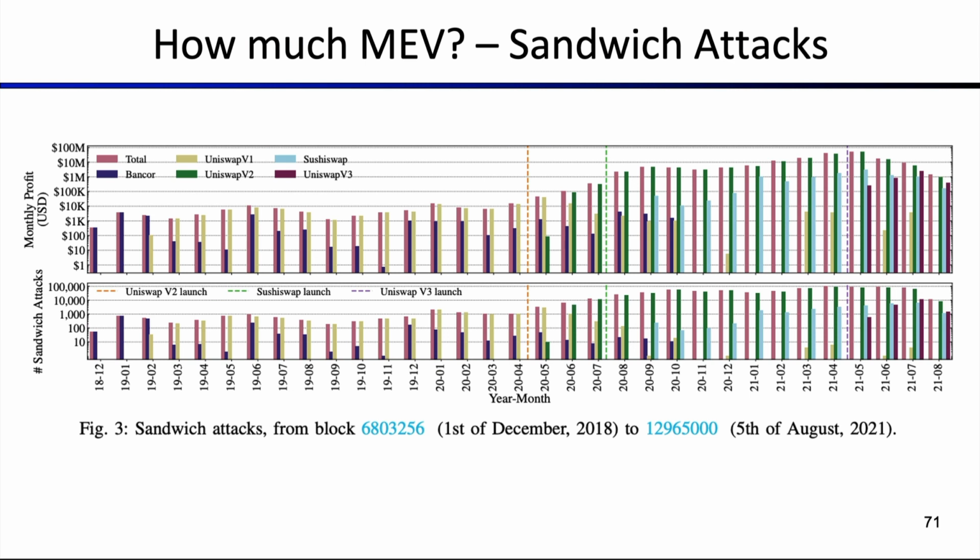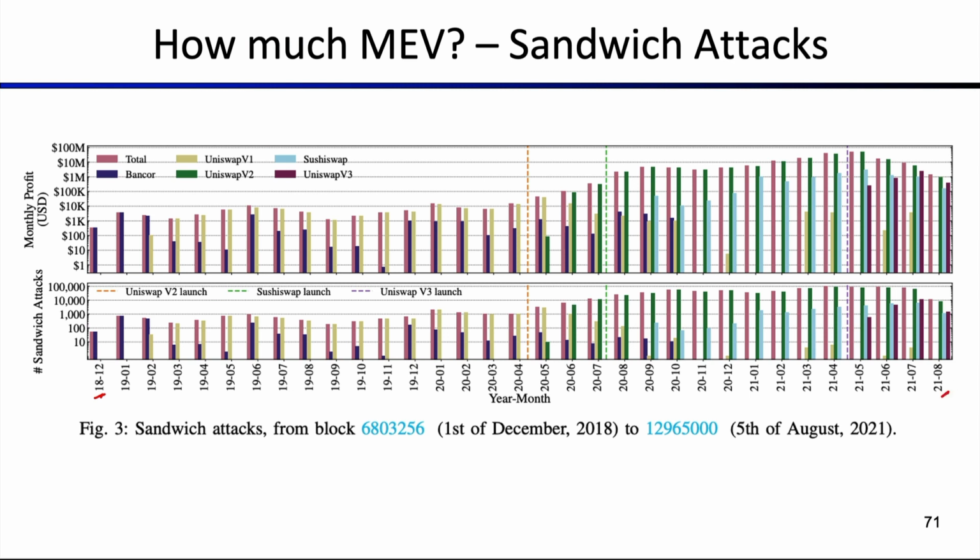In particular, we have done this for sandwich attacks. We have looked at the monthly profit and the number of sandwich attacks here, starting in December 2018, going back until almost here, August 2021.